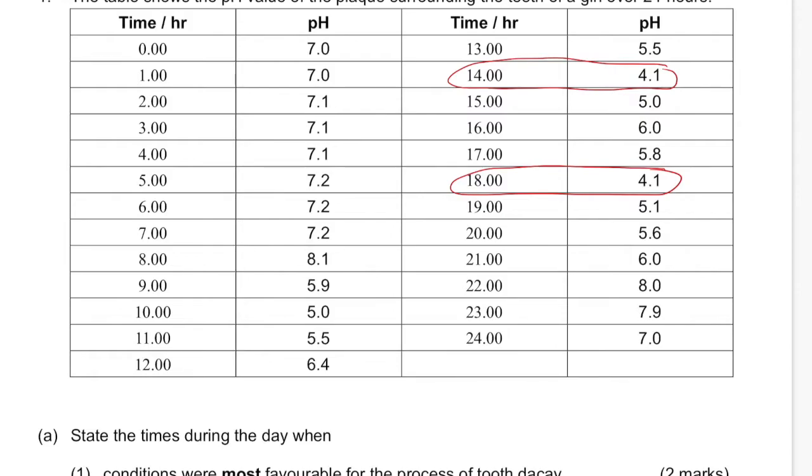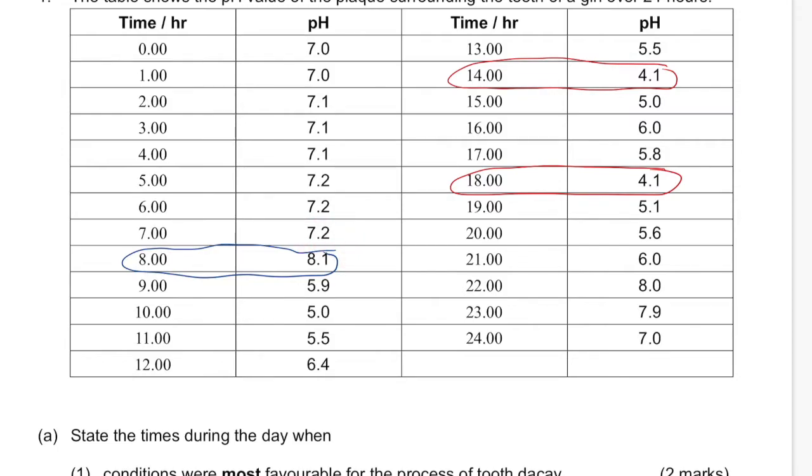So looking for a change from the number which is lower than 7 to a place where the number is higher than 7. Okay, so you can find those changing points at around 8 a.m., which changes from 7.2, which is pretty neutral, to alkaline.